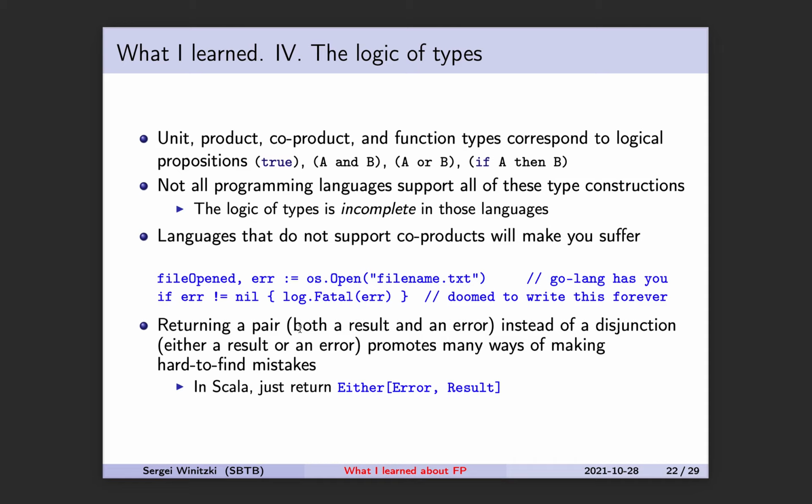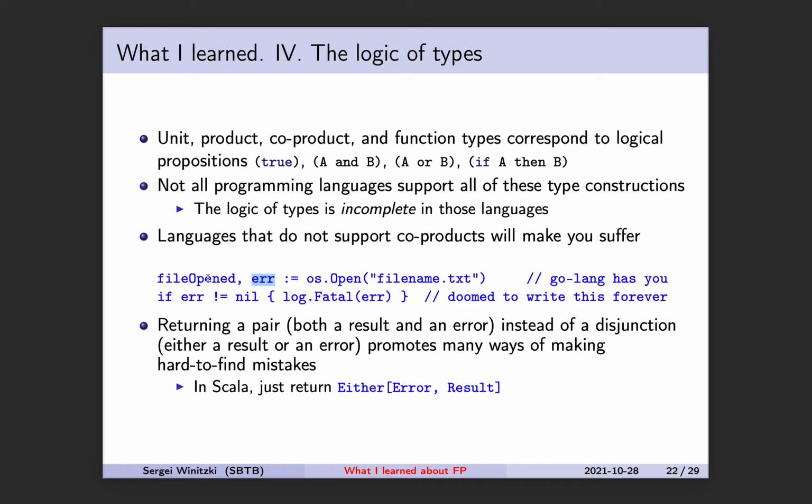And that encourages you sometimes to make a mistake that's hard to find. And there's nothing you can do to fix it. In Scala, you would return this type, and all of these errors would just disappear. They would be impossible to make. For example, to return both error and result, or imagine that your result type is the same as error type, and you mix them up.